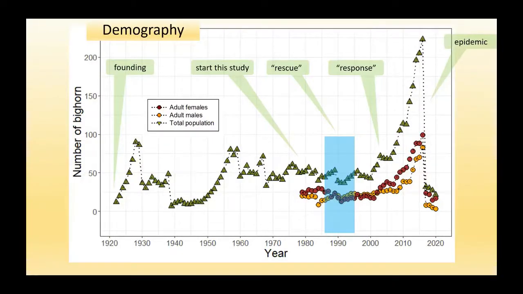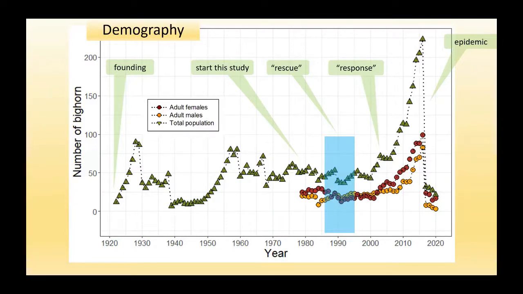Demography for this population actually goes all the way back to 1922, and I think this is the population that Kevin mentioned as the earliest transplant population he could find. The population counts from 1922 through 1978 are by refuge staff, and they're going to be somewhat approximate. But beginning in 1979, which is our study, they're more or less exact counts. It's a complicated history demographically and genetically. It includes a genetic and phenotypic rescue, followed by a strong demographic response.